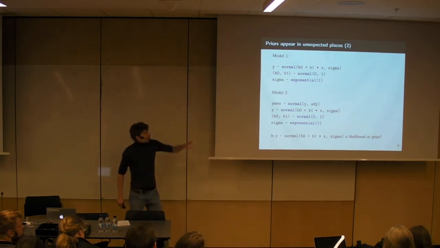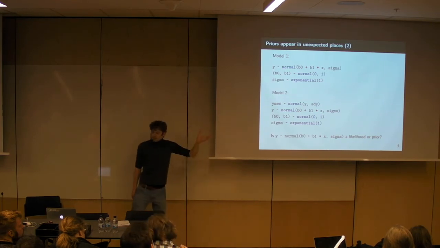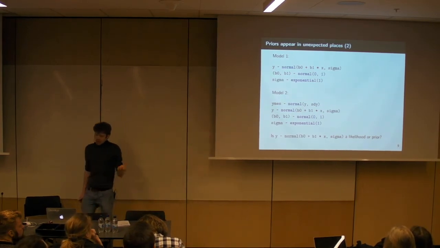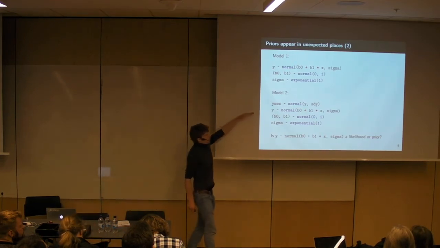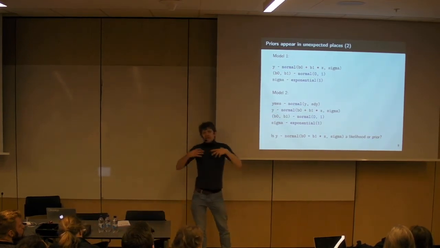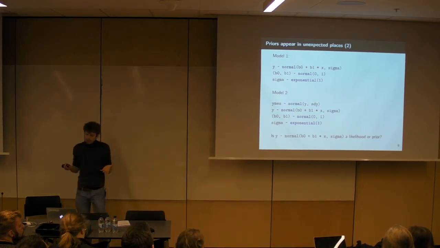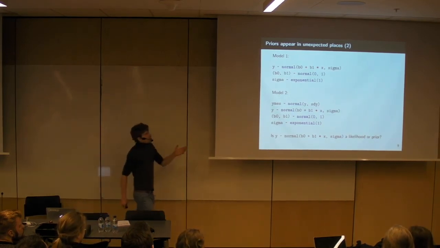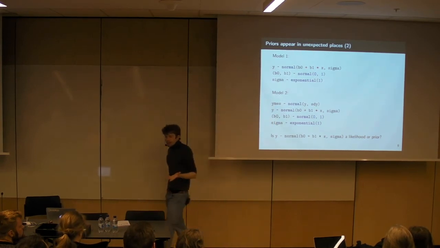In the first model, the first line was clearly a likelihood, because Y was data. But now, because we have put a measurement equation into it, Y is suddenly a latent variable. A latent variable is nothing else than an unknown quantity, a parameter. So suddenly, what was a likelihood before becomes a prior, because it's an unknown quantity.